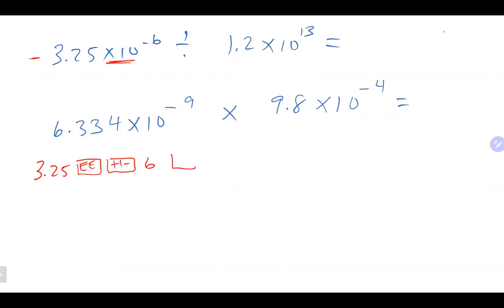You then should hit the divide button and put the other number in the same way, 1.2 exponent button. And this is just a positive 13, so no negative needed. And then your equals. Yes, so that is really the right way to do it. Again, you don't see any multiplication, carets, or any of those other weird things. 3.25 exponent negative 6 divided by 1.2 exponent 13.